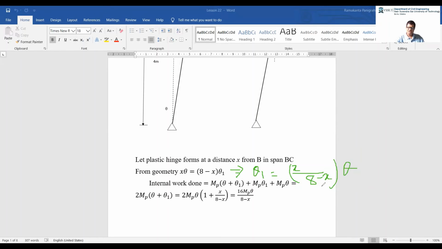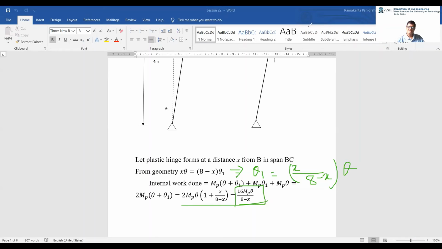So this is the internal work. It comes out to 16 MP theta. Then x is cancelled: 8 minus x plus x is 8, so 8 into 2, 16 MP theta by 8 minus x. That is the internal work.